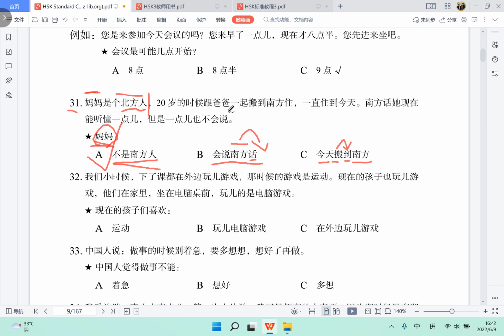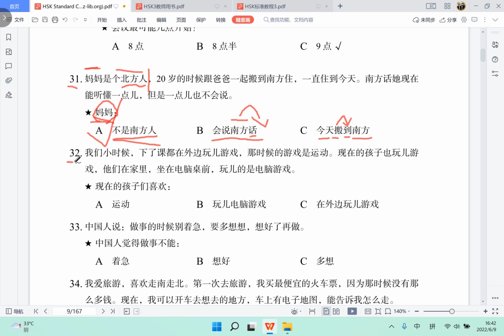You can go and check that by yourself, but you will finally find I'm right. So 32，现在的孩子们喜欢。So what do the children of nowadays like? So A 运动, sport, B 玩电脑游戏, play computer games, C 在外边玩, play outside. So logically, I think it should be B, but I'm not that sure.